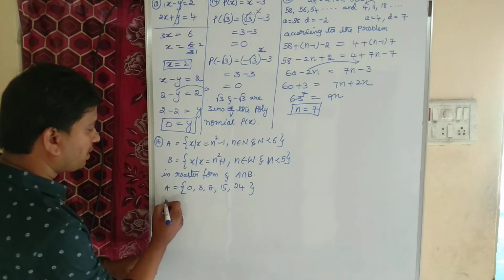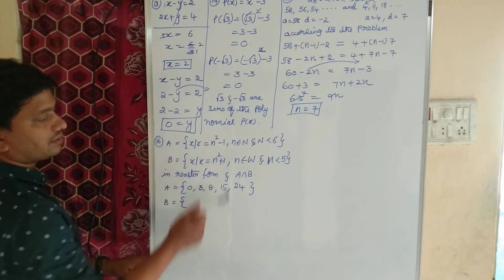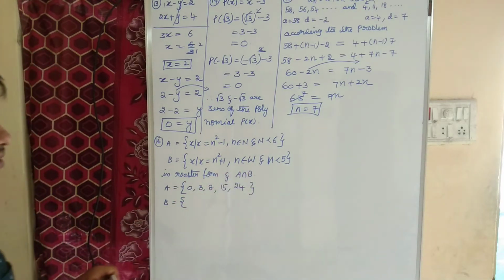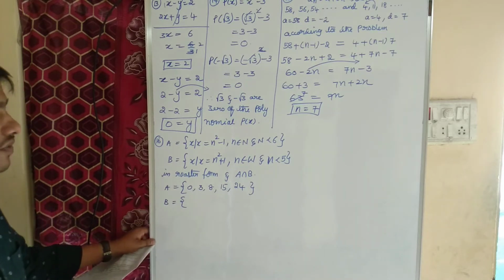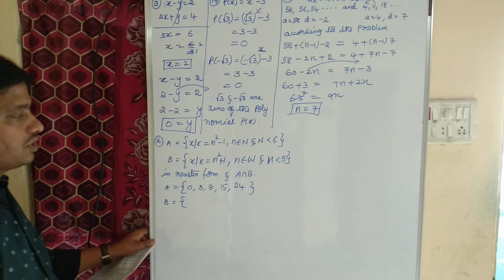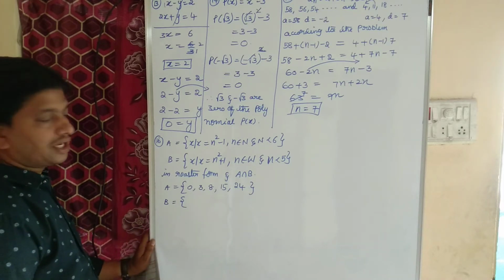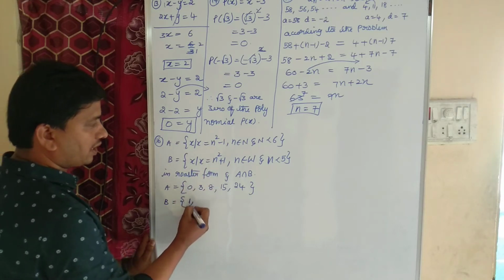Now coming to set B, what is the condition here? x such that x equals n squared plus 1, where n belongs to whole numbers and n must be less than 5. Suppose I take n equal to 0: 0 squared plus 1, 1.